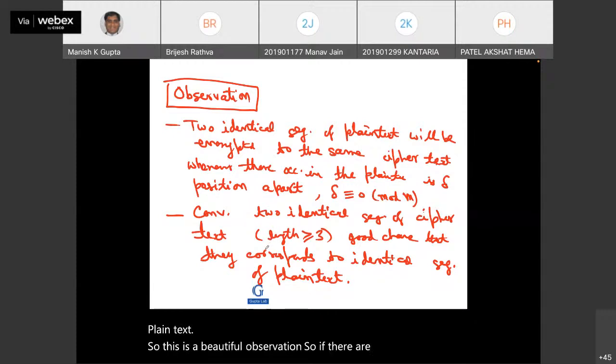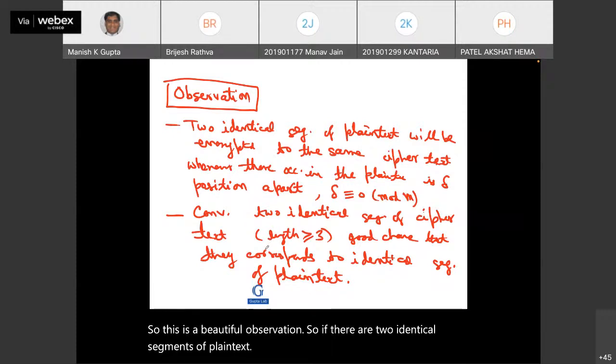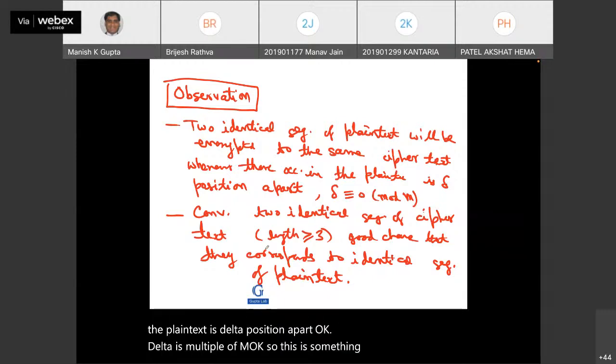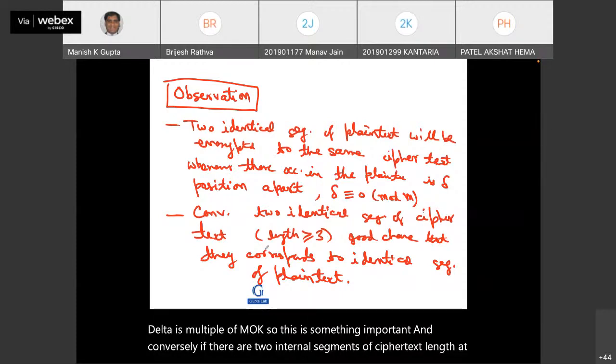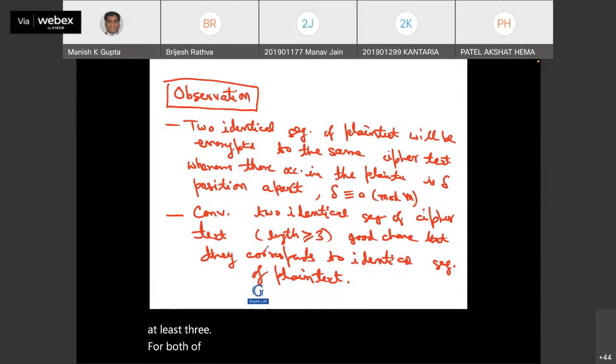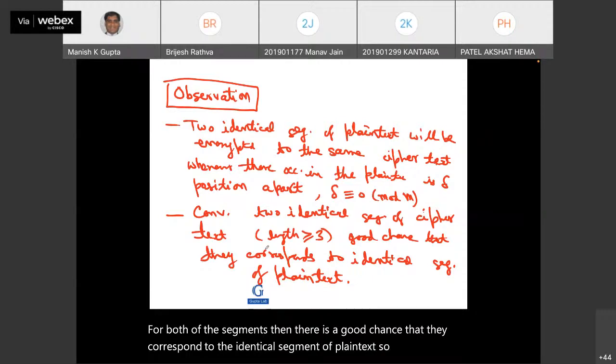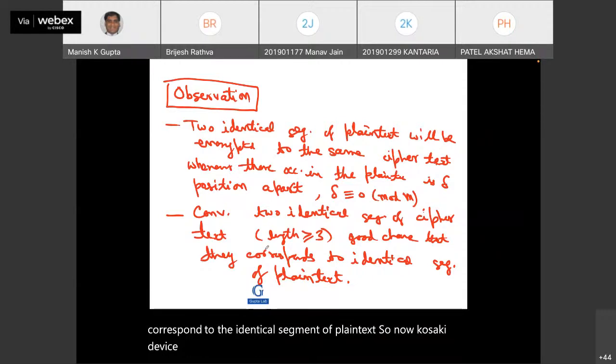If there are two identical segments of plain text, they will encrypt to the same ciphertext whenever their occurrence in the plain text is delta positions apart, and delta is a multiple of m. And conversely, if there are two identical segments of ciphertext of length at least 3, there is a good chance that they correspond to identical segments of plain text. So now Kasiski devised, or we can call it the Kasiski-Babbage test or Babbage-Kasiski test.